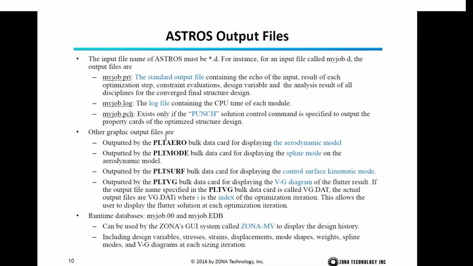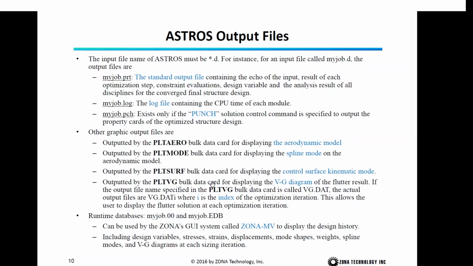For example, you can use a plot aero card to output the graphic file to display the aerodynamic model, plot mode card to display the spline mode on the aerodynamic model. You can define a plot servo card to display the control surface kinematic mode. And you can use the plot VG card to output the data to display the VG diagram.